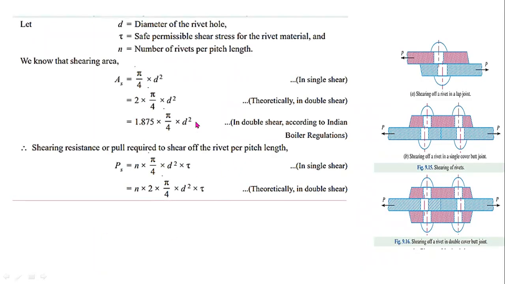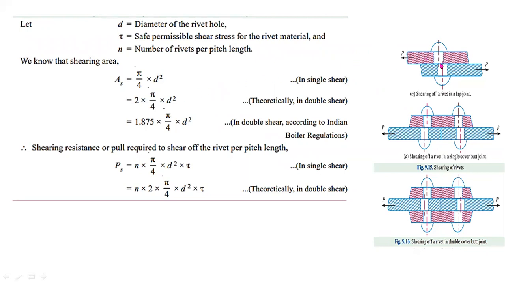Now this is the formula for the shearing area, the resisting area. To resist this failure, the rivet must have proper resisting area. This is the diameter; already we know the diameter of the rivet, small d.